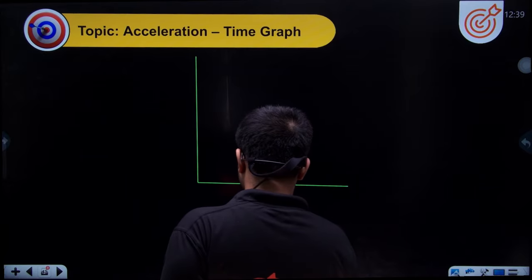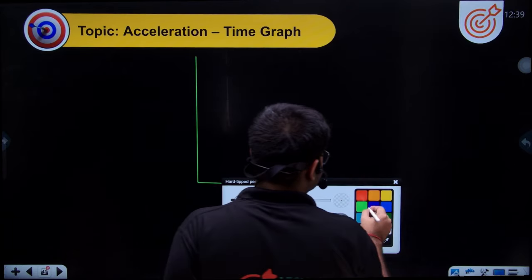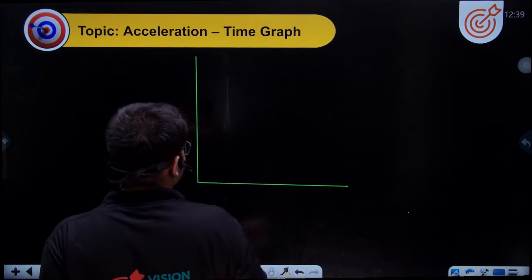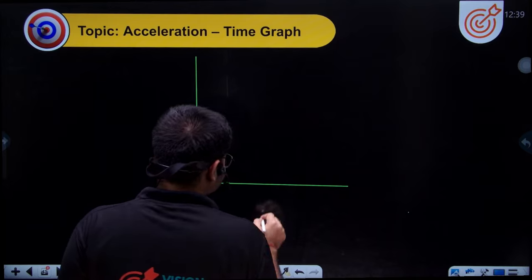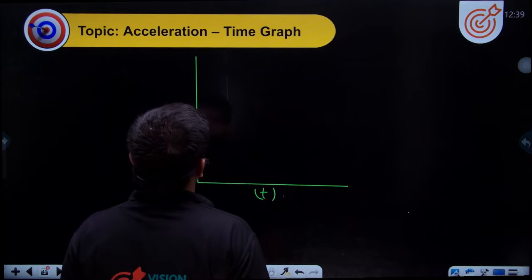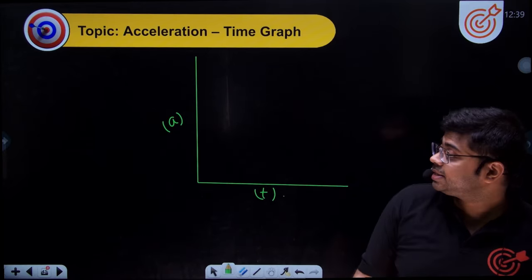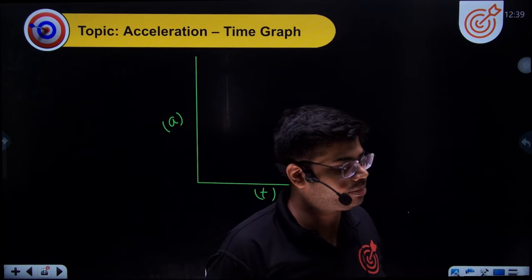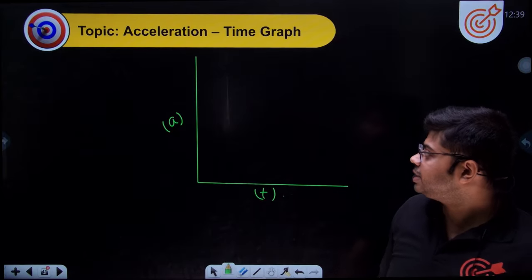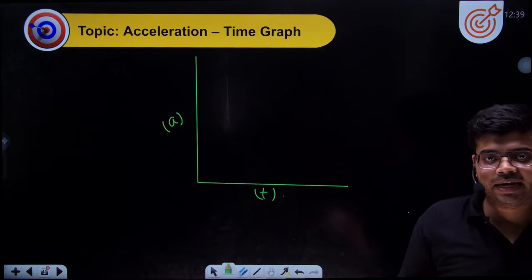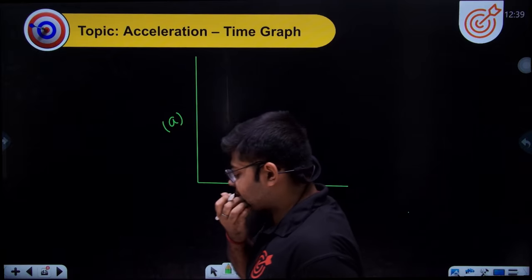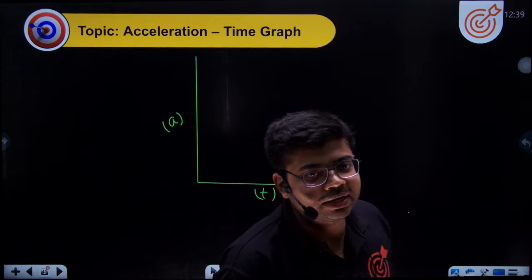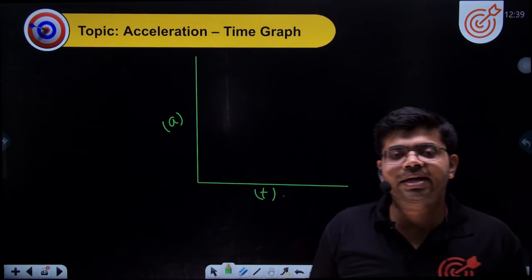now along the y-axis, I am going to write the acceleration, and along the x-axis, I am going to plot the time. So when I am plotting the acceleration time graph, again we can have two, or more than two, types. But when the acceleration is constant, say for example, a body which is falling freely under the action of gravity, the acceleration is constant.